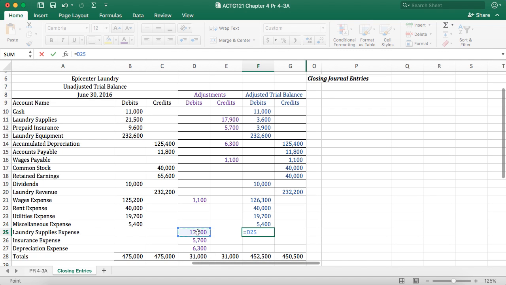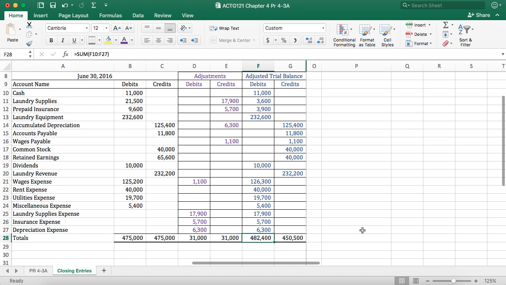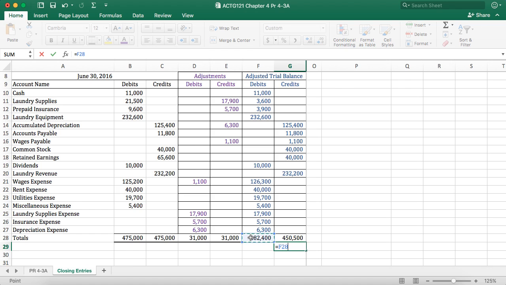And here are the accounts where we didn't have anything at all in the unadjusted trial balance, so we just bring those over. And look, we have an error somewhere because this is 4.8 and this is 4.5. I did not do this on purpose. These are things that sometimes happen. So here's how we would find the error.